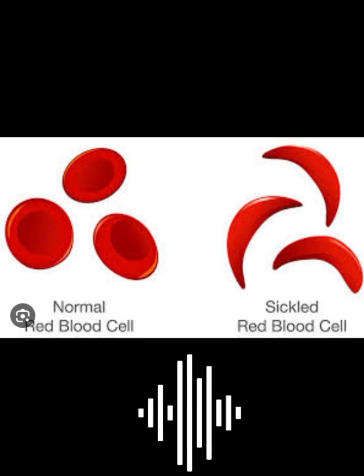Sometimes it is hard to talk about it for fear of stigma. However, it is known that sickle cell anemia, just like any other chronic medical condition like diabetes and asthma, should not prevent you from leading a quality life.